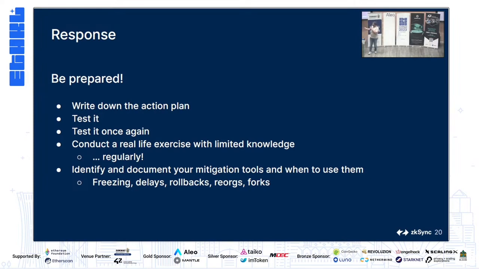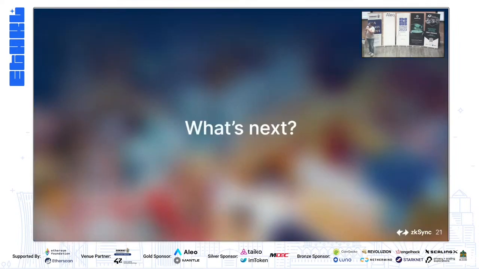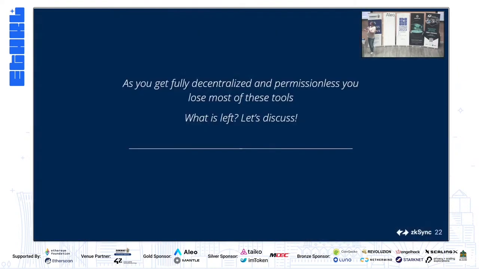So, what's next? Yeah, we are going to the decentralized world, and nearly all the tools that I mentioned are pretty much centralized. So, to be honest, I don't know the answer.